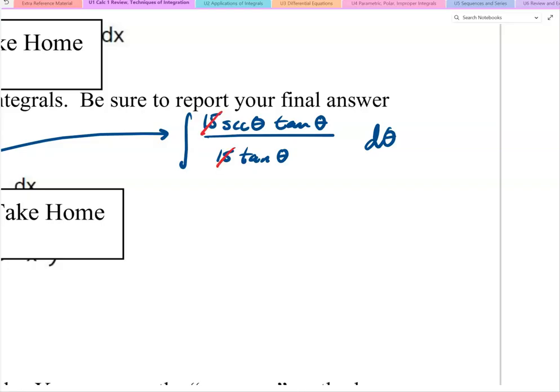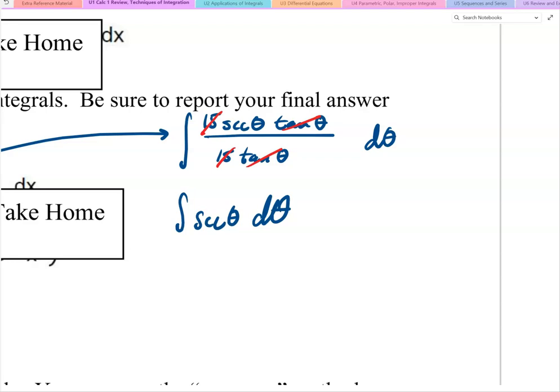Then we end up with the 15s that cancel, the tangent thetas that cancel, and now we're at a point where all we need to do is find the antiderivative of secant theta d theta. And while that looks nice and simple, you may think that that's familiar or something that we've memorized in the past.